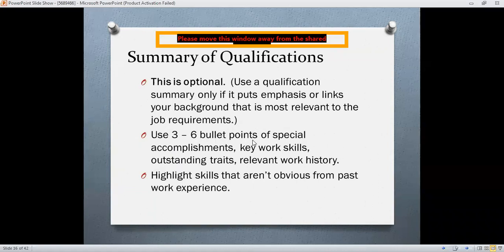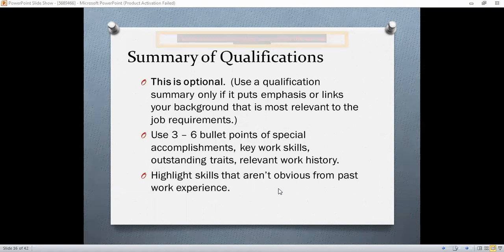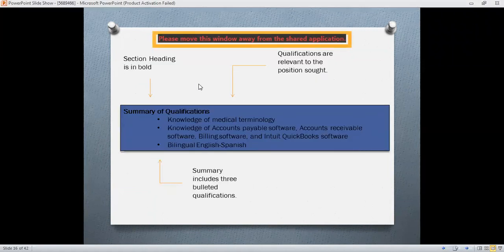Okay, use 3 to 6 bullet points of special accomplishments, key work skills, outstanding talents relevant to your work history. Highlight skills that are not obvious from your past work experience. Okay, so like this. This is your summary of qualification.